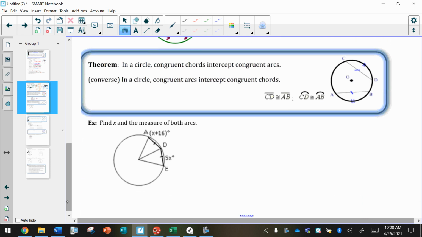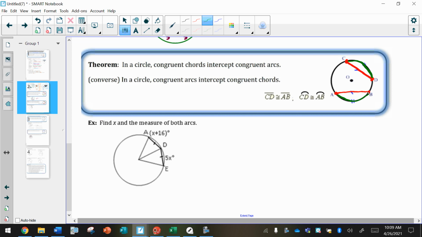Okay, next rule. In a circle, congruent chords intercept congruent arcs, and congruent arcs intercept congruent chords. Because our circle is perfectly round, if I have a chord that I know matches another chord, that means the part of the circumference that they intercept has to be equal as well.